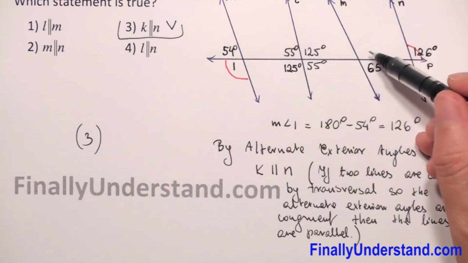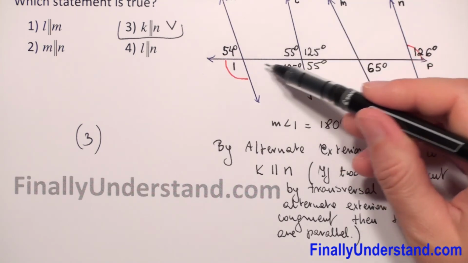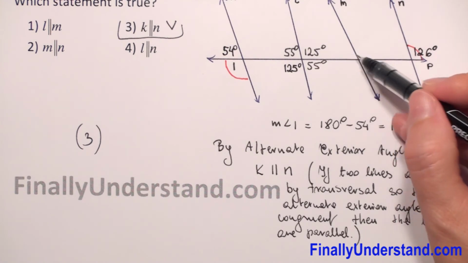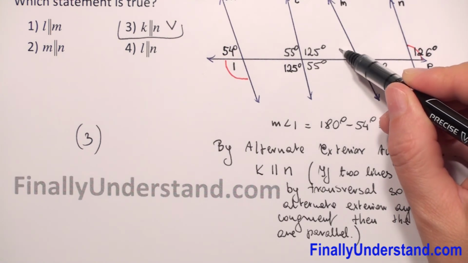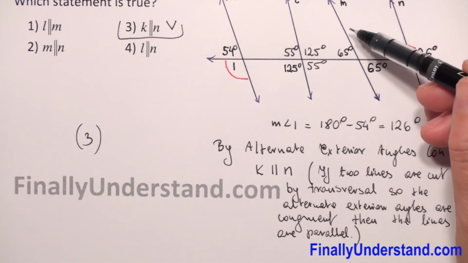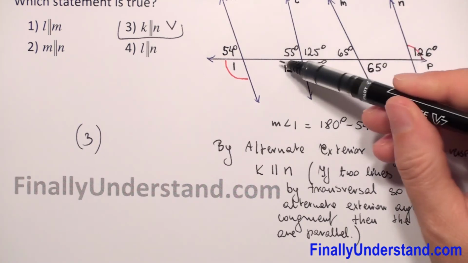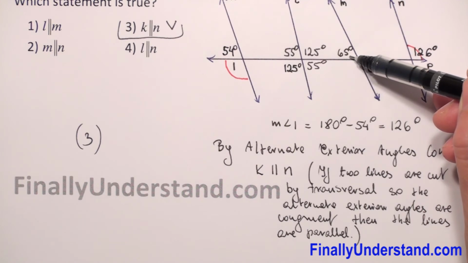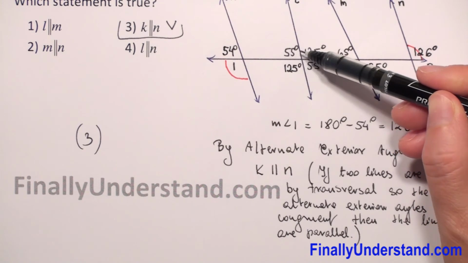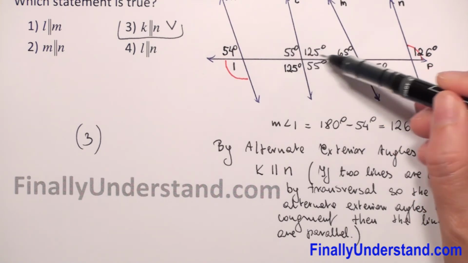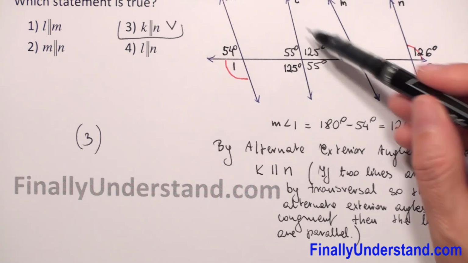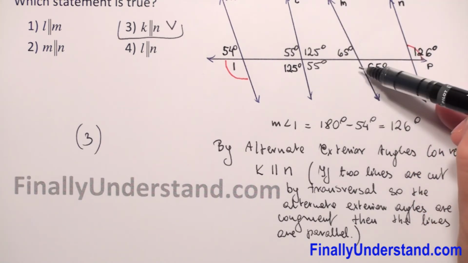And what we have here? Line M cuts line P, and we have a 65 degrees angle. So vertical angles are the same, so here we have also 65 degrees. And we see that the angle between line M and P is 65 degrees, and between line L and P is 55 degrees. So for sure, because these two angles are different, these two lines are not parallel.